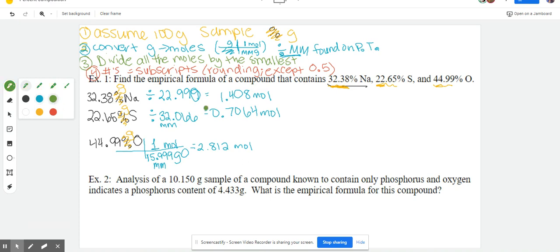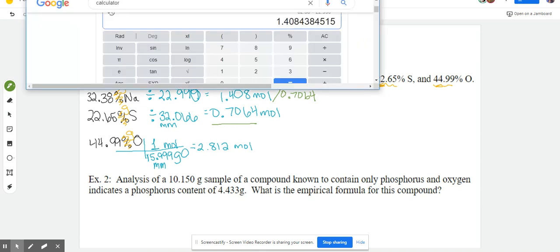We have to look at these 3 values and decide which one is the smallest. Looking at these 3 values, you do see that this is the smallest value. So we're going to take all of them and divide them by that smallest value. So 1.408 divided by 0.7064, we end up with 1.993.